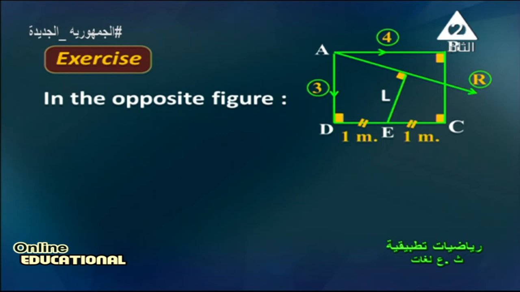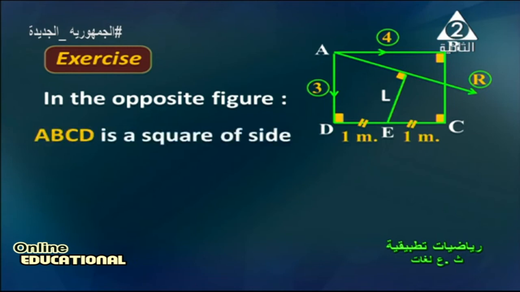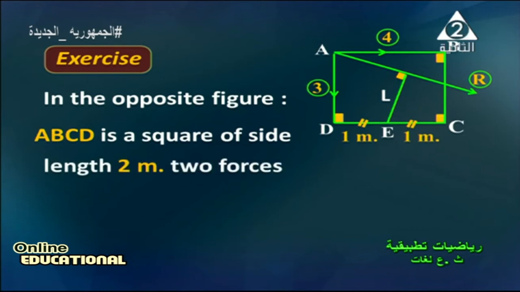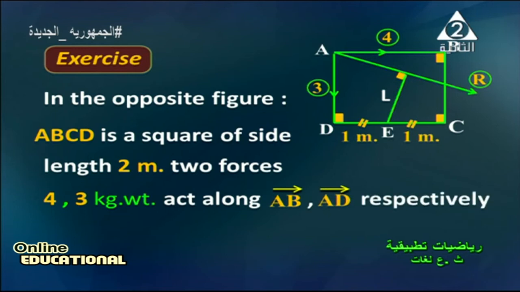In the opposite figure, ABCD is a square of side length 2 meters. Two forces of magnitude 4 and 3 kilogram weight act along ray AB and ray AD respectively.